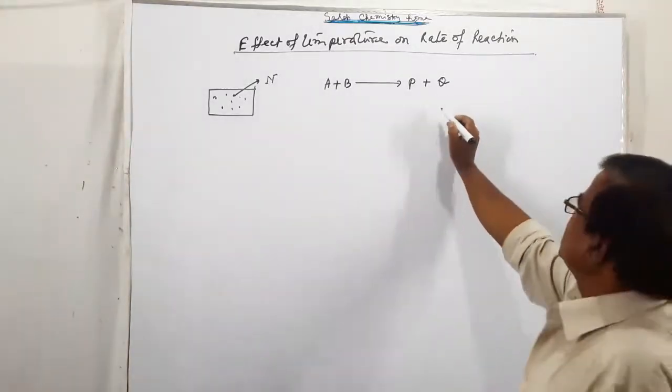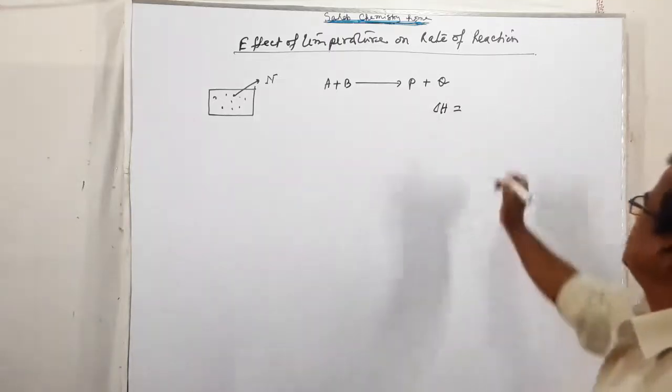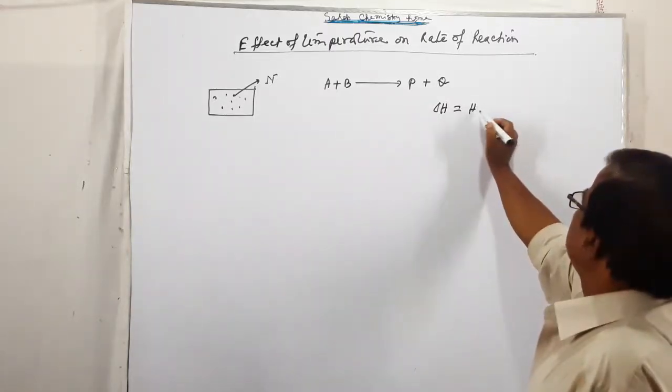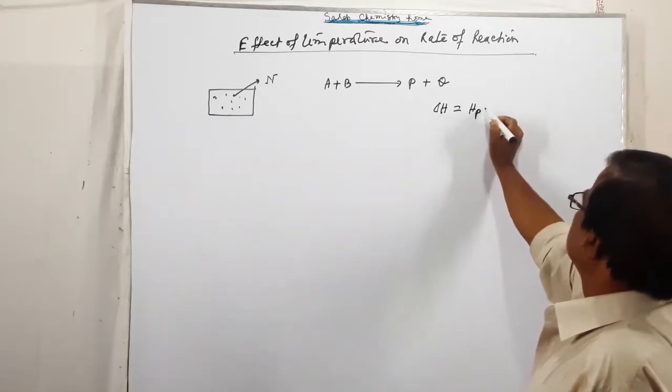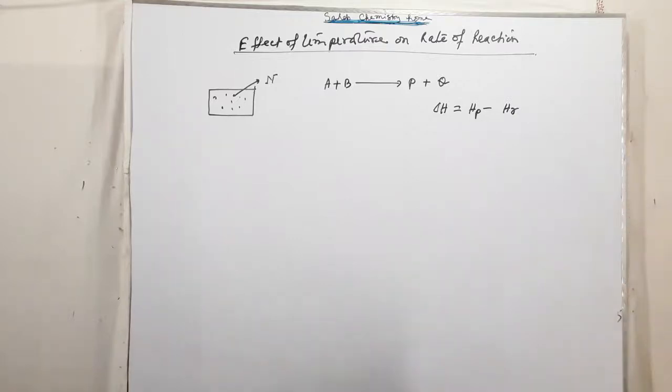In this case, change of enthalpy is equal to total enthalpy of the product minus total enthalpy of the reactant.